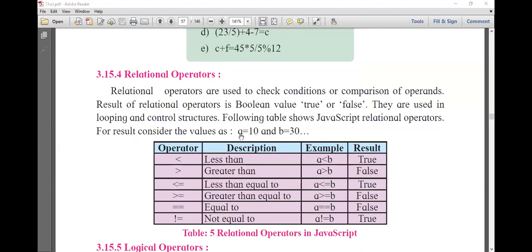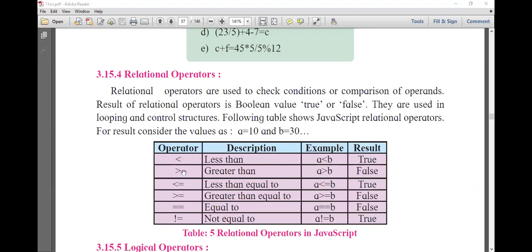If a is equal to 10 and b is equal to 30, that is, the value 10 is assigned to a and value 30 is assigned to b, and when you execute the expression a less than b, then the result is that a is less than b, it is right. So here you will get the answer true.